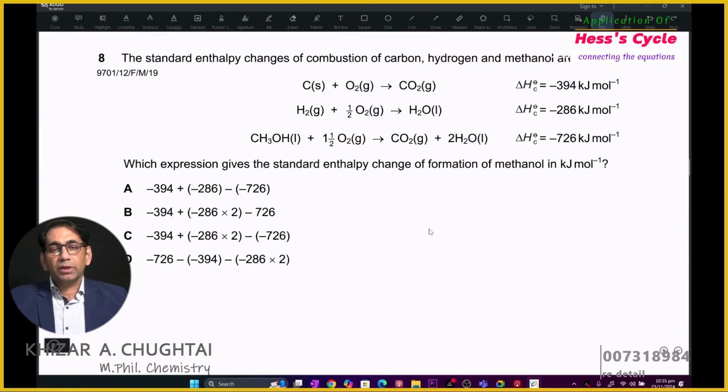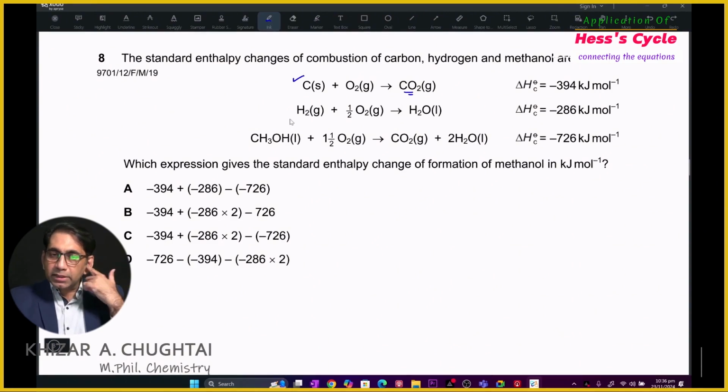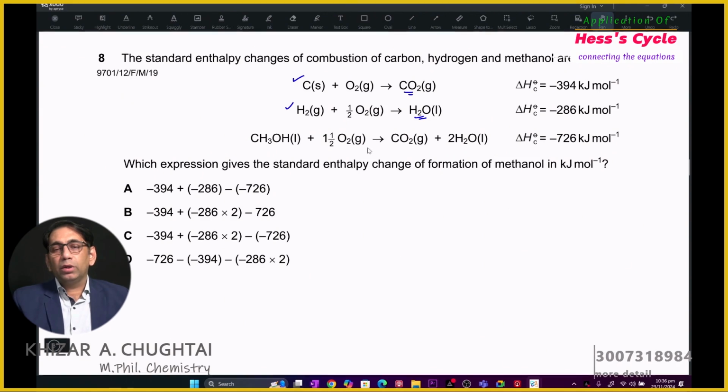Here is another question, taken from March 19, 1-2 variant, question number 8. Here are basically 3 main reactions. This is the combustion of carbon and formation of CO2, this is the combustion of hydrogen and formation of water, and this is the combustion of methanol, that is -726.